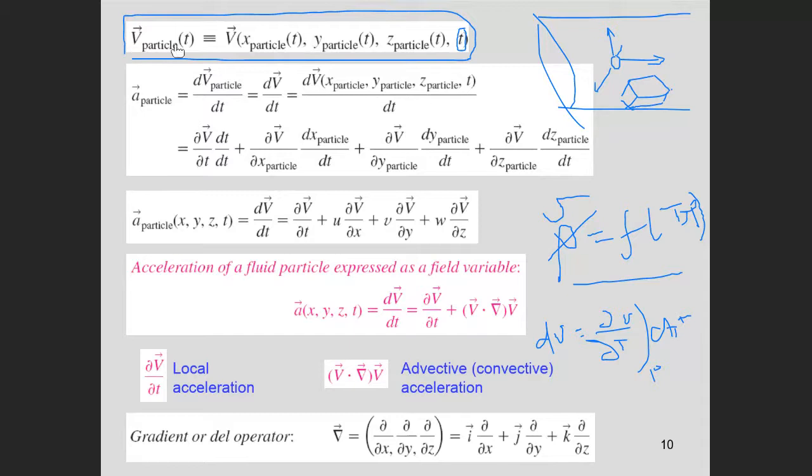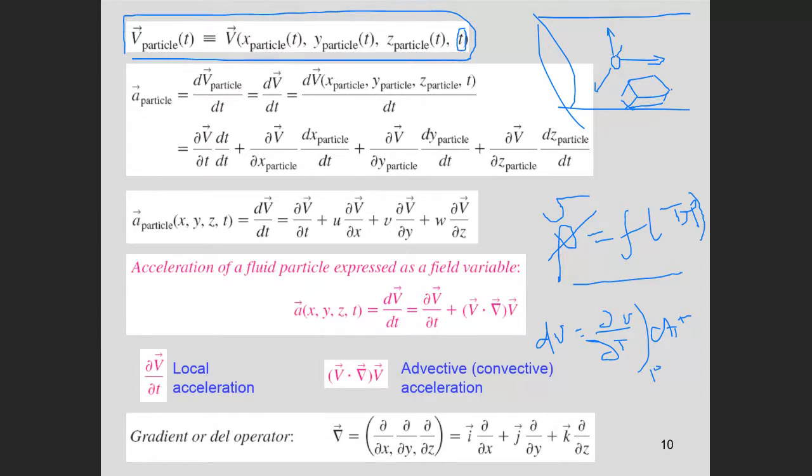V is a continuous function of its components x, y, z, and the time t. To get dV by dt, the total change, you have to use the four components existing here to get the whole expression.